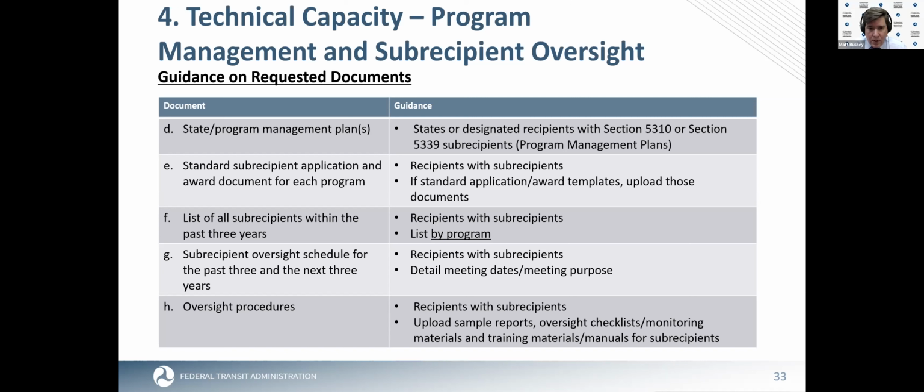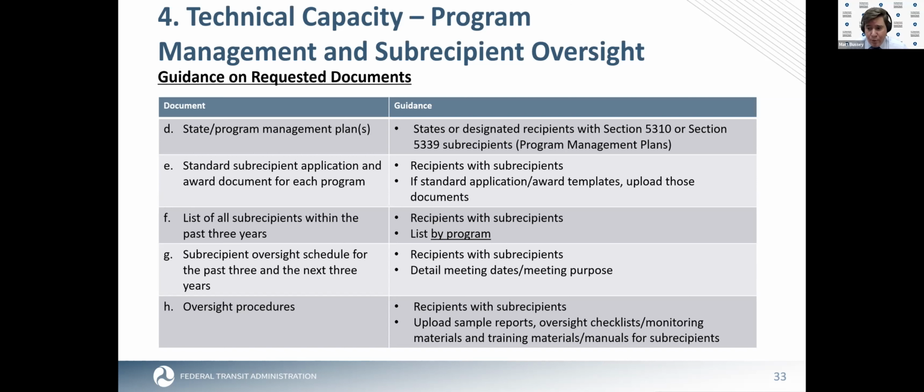Lastly, for item H, oversight procedures, anything that you can provide to the reviewer to show how you conduct oversight of your subrecipients. When you do your oversight, if you do site visits and you do a report afterwards noting any issues of non-compliance, and you assign corrective actions to the subrecipient, and you follow up with them to make sure they resolve that, and you have a document that reflects that whole process, definitely provide that, because that's going to show your reviewer that you are conducting proper oversight.